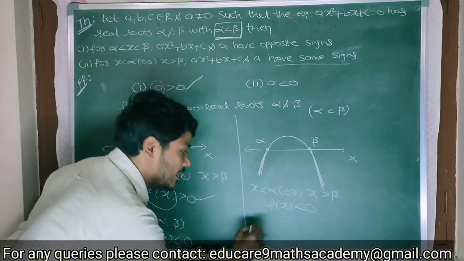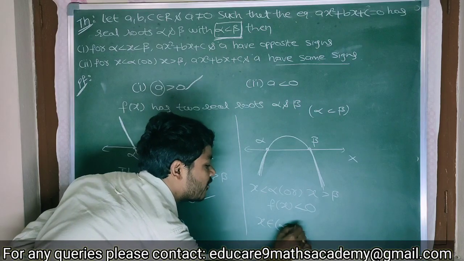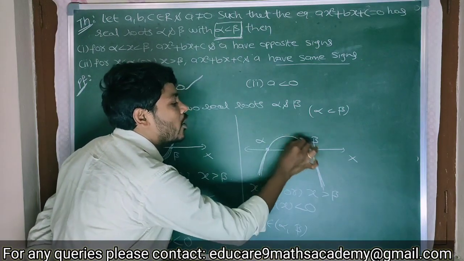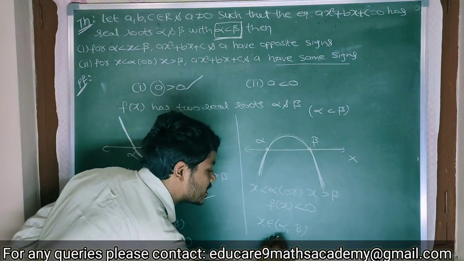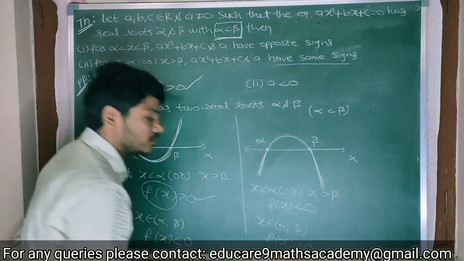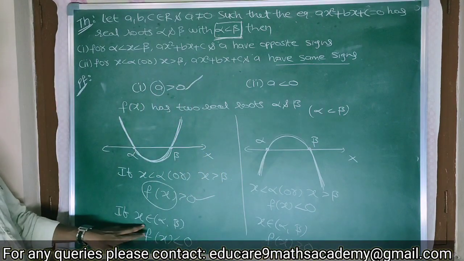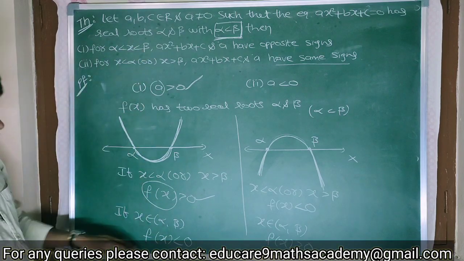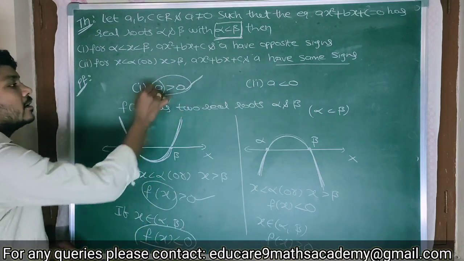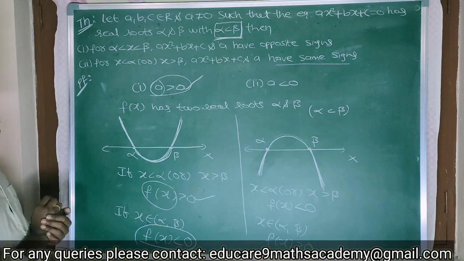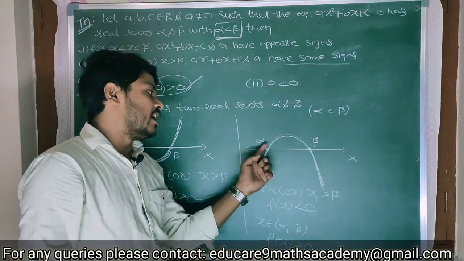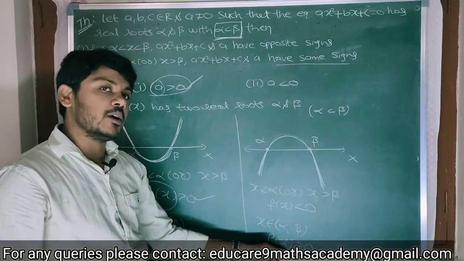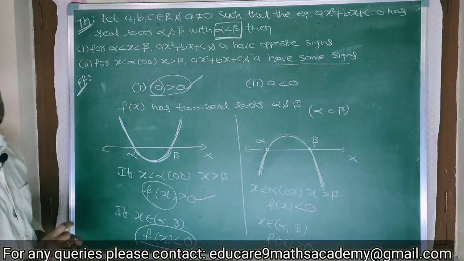And for the upward parabola, if x belongs to the open interval alpha, beta, the graph lies above the x-axis, so f of x is positive. If x lies in the interval, the expression f of x and a have opposite signs. Here also, if x lies in the interval alpha and beta, a and the expression, one is negative and one is positive, so both have opposite signs.